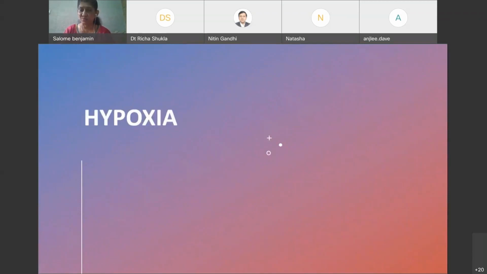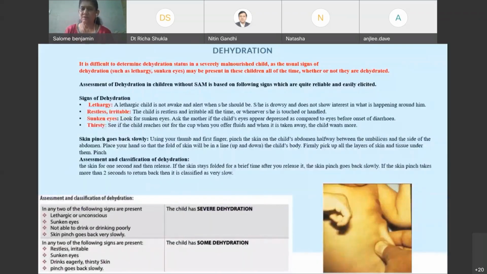Hypoxia I have already spoken about. We will give oral rehydration. Here we will see the degree of dehydration, severe or mild. There are criteria and symptoms written here: lethargic, sunken eyes, not able to drink or drinking poorly, or the skin pinch goes back very slowly.